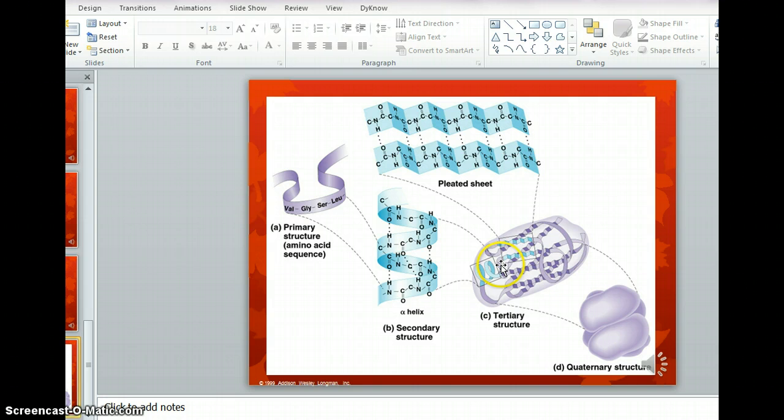So you can see that there's a helix right here and pleated sheets over here, and how that whole polypeptide chain folds together. And finally, quaternary structure means how different polypeptide chains fold together. Because some proteins are just one polypeptide, not every protein has quaternary structure.